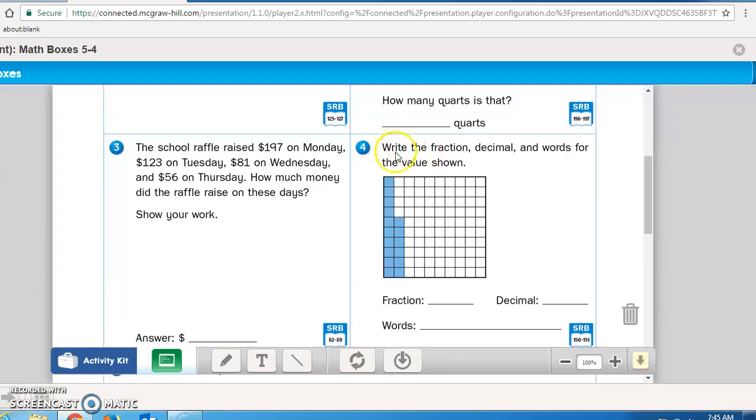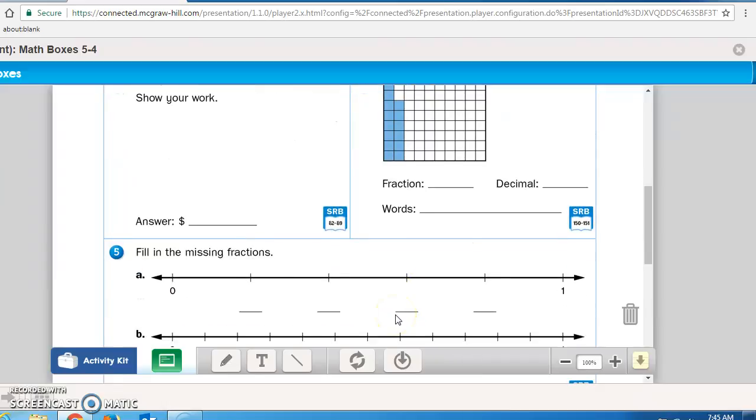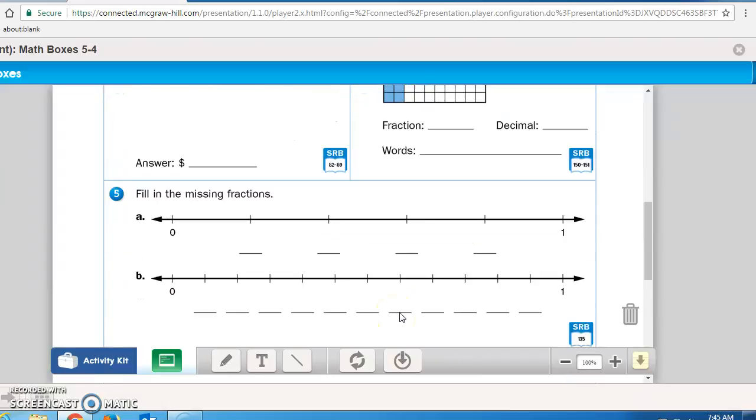Number 4. Write the fraction, decimal, and words for the value shown. So you should be looking at how many of the cubes are filled in. Write that as a fraction, then as a decimal, and then write it in words. Pause the recording now and do that math box. And finally, you need to fill in the missing fractions on the number line.